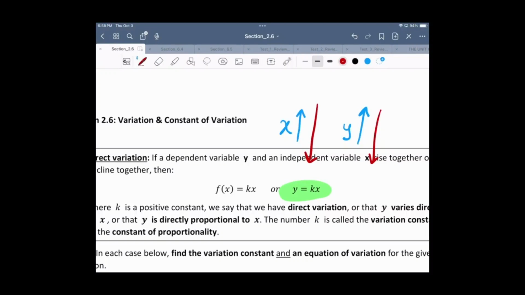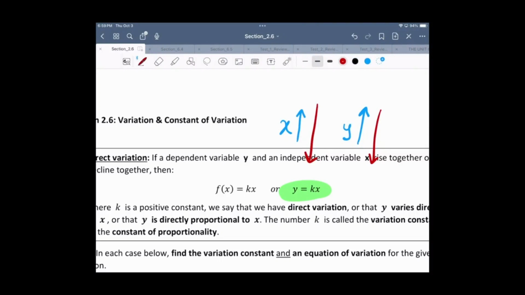A good example of direct variation is, let's say we're looking at a hot dog stand, right? The number of hot dogs sold is directly proportional to the amount of ketchup used or sold by the hot dog stand, right? So if the salesman sells fewer hot dogs on a given day, then the amount of ketchup is also going to go down.